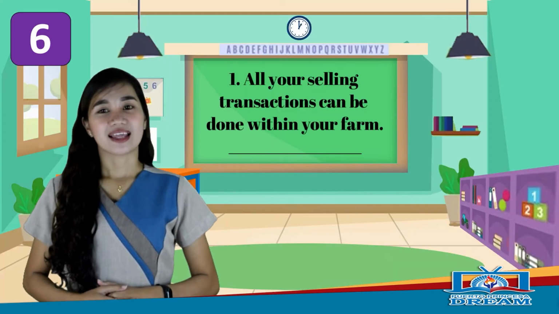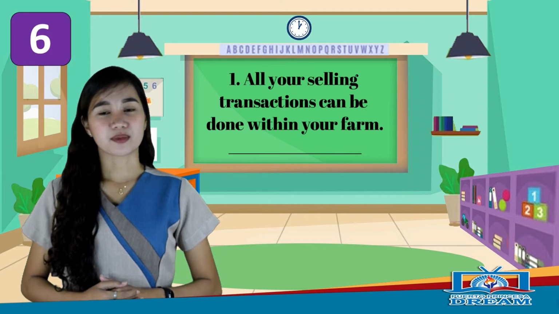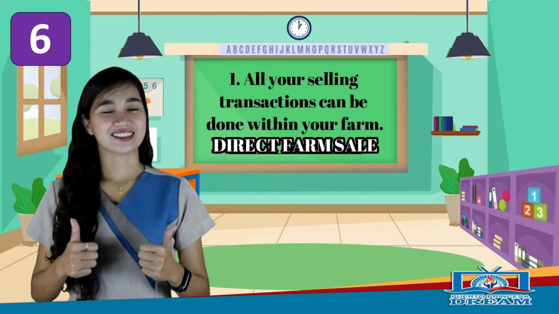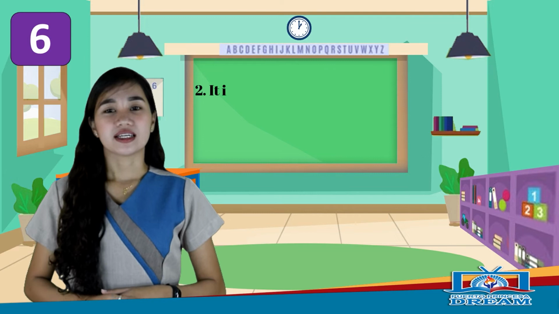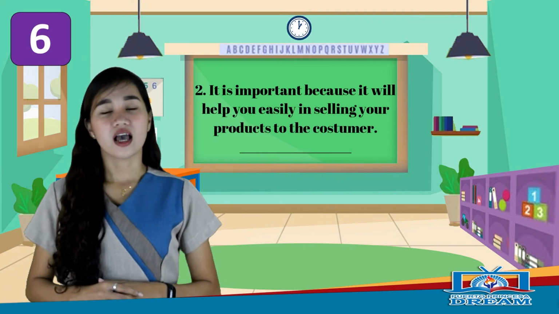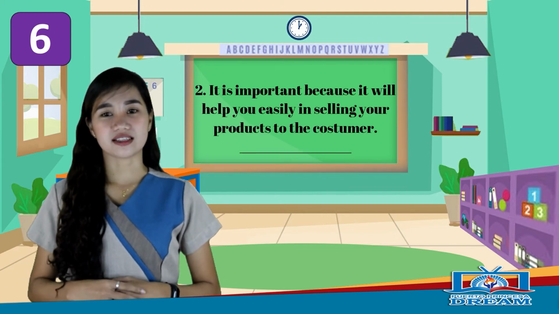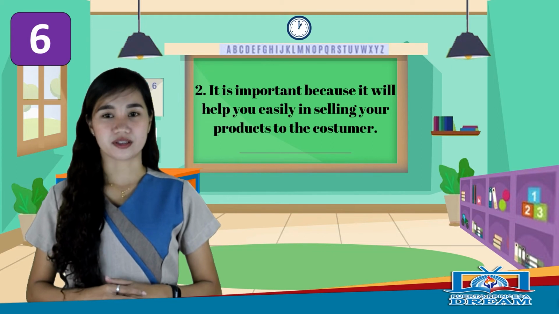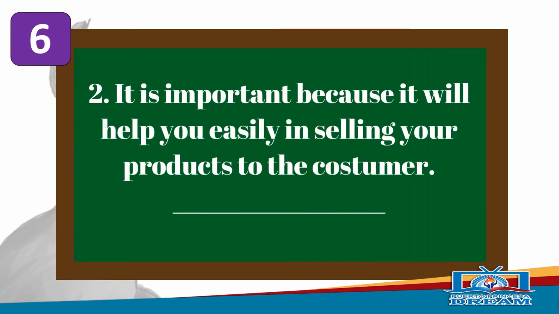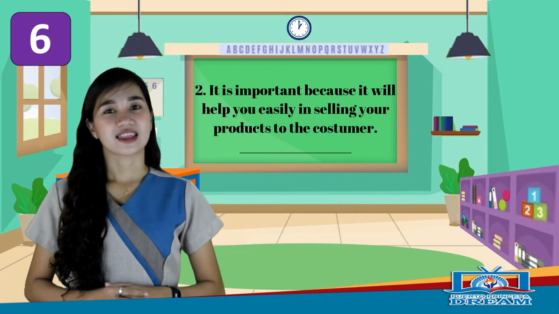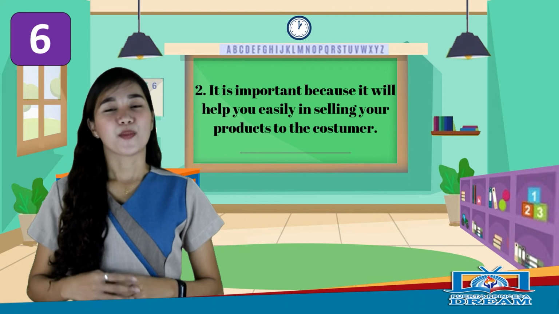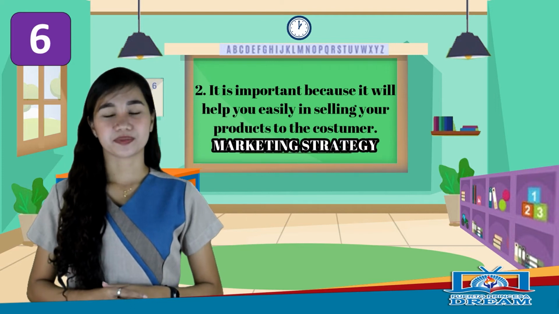Time's up. Did you answer direct farm sales? That's correct. Number 2. It is important because it will help you easily in selling your products to the customers. The correct answer is marketing strategy.